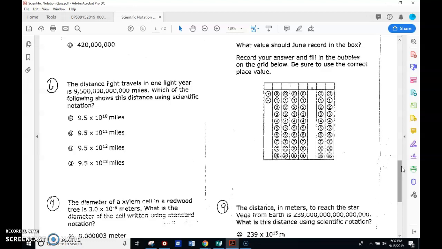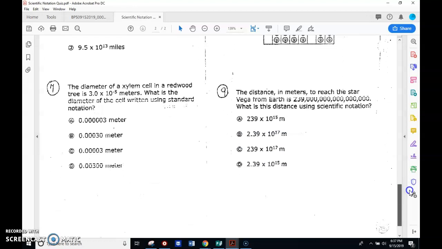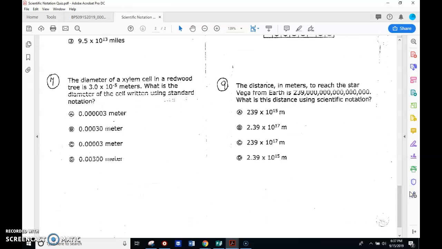Number 7. The diameter of a xylem cell in a redwood tree is 3.0 times 10 to the negative 5th meters. What is the diameter of the cell using standard notation?